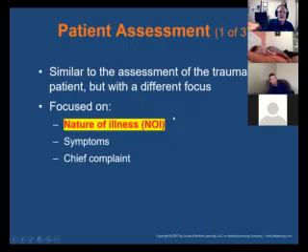Remember, this is nature of illness in medical cases, and so after we've ruled out life threats and we've done a complete assessment of our patient, then we can focus more on their nature of illness, their signs and symptoms, and their chief complaint.